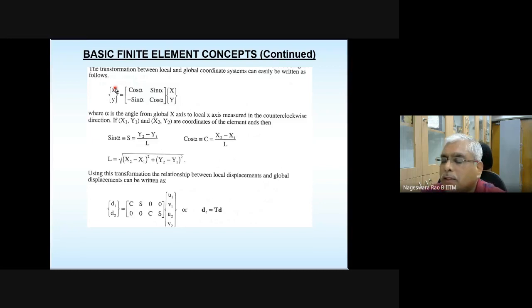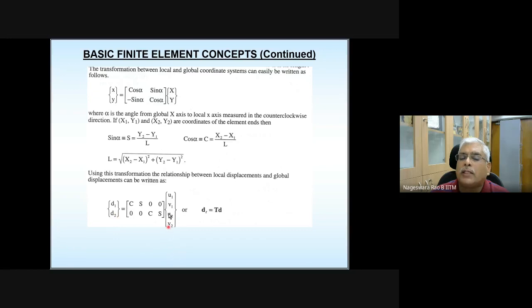And locally there is no displacement perpendicular to the local x-axis, so this is not going to come into the picture. And what about D2? D2 is the local displacement at node 2. That is going to be C times U2 plus S times V2. That is what is written. D1, D2 together are written, and this is nothing but the local displacement vector.